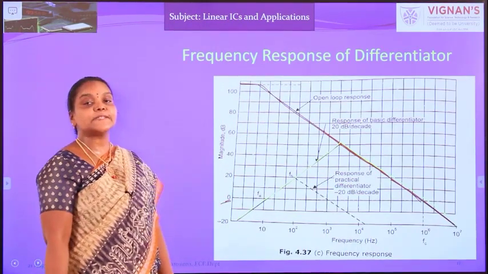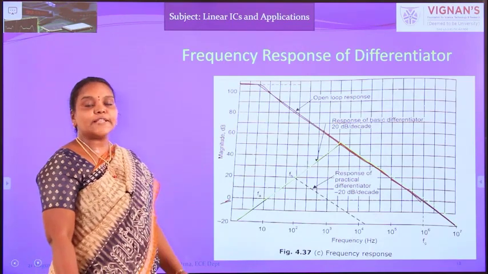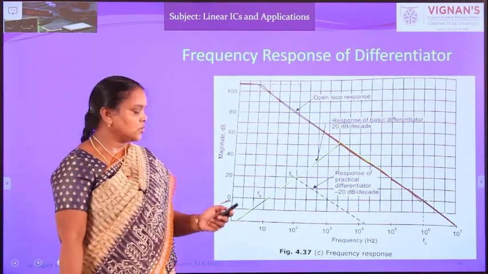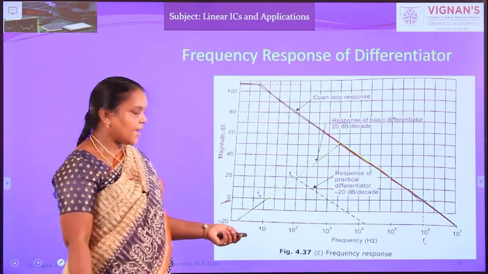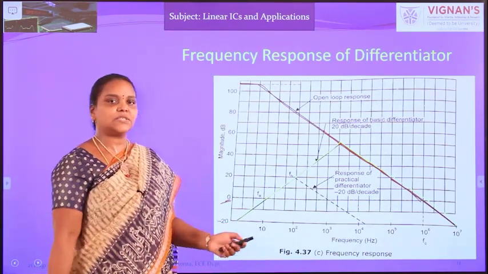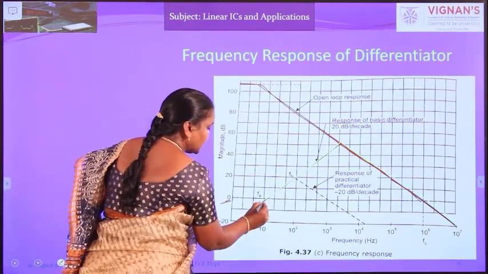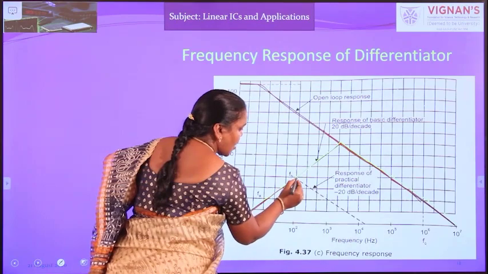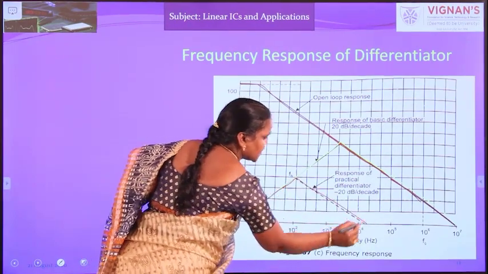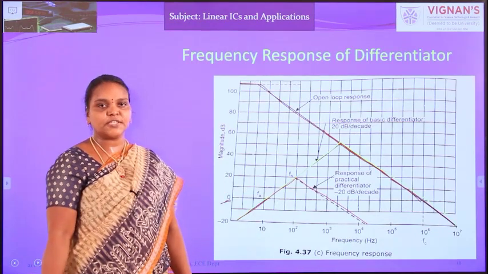And the next one is practical differentiator's frequency response. So in the practical differentiator circuit, already I have told you, up to FB it is increasing and after FB it is decreasing. So you can observe that here. Okay, this is the practical differentiator circuit.